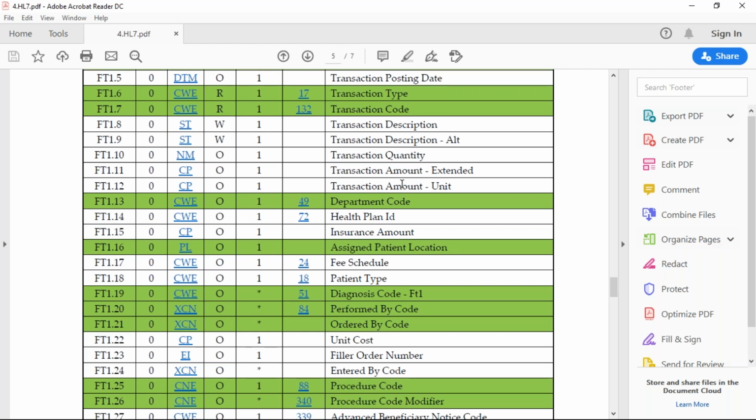The message communication depends on the vendor, right? For example, some vendors request that a certain field is mandatory in a particular segment. Correct. But we are talking from a standards perspective.